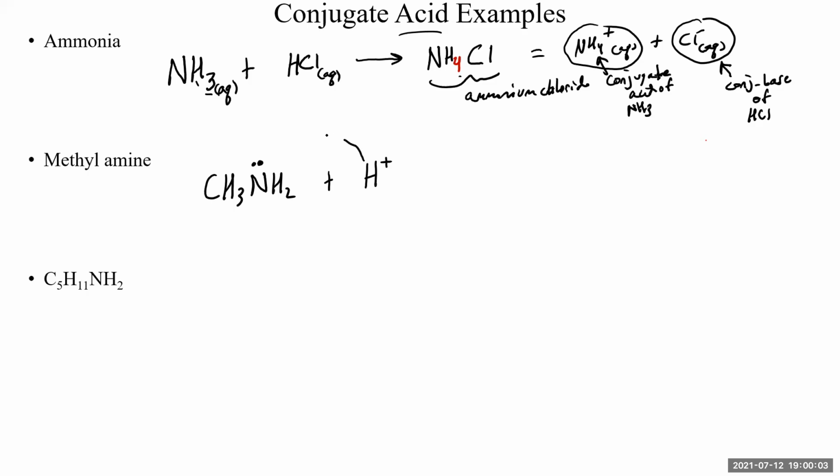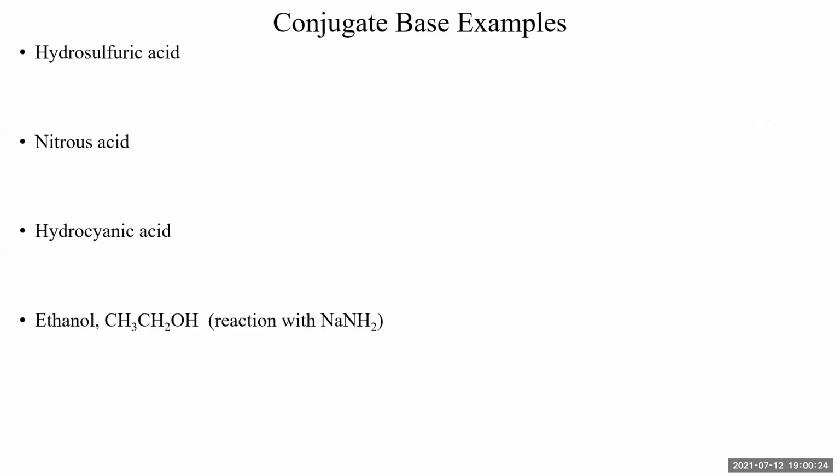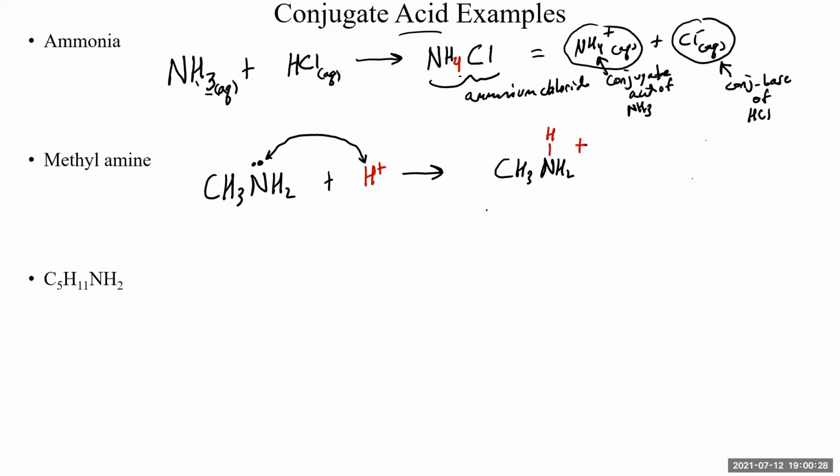So what happens? Well, the hydrogen ion will attach itself to the nitrogen so that we get CH3NH2. In fact, let me do a little color coding for you. So we end up with this, and this ends up with an overall positive charge.